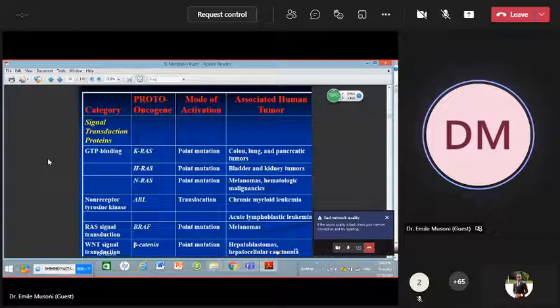You see signal transduction proteins, those killers. The mode of action is point mutation, found in the colon, lung, pancreatic, renal, and bladder cancers. BRAF, you see BRAF in melanoma, beta-catenin, point mutation in hepatoblastoma and hepatocellular carcinoma.